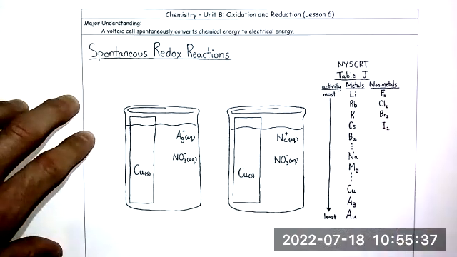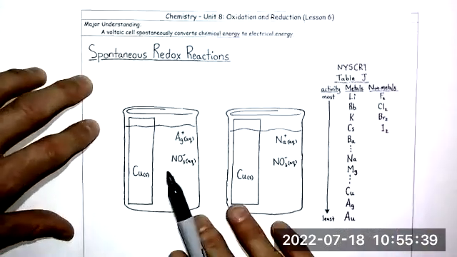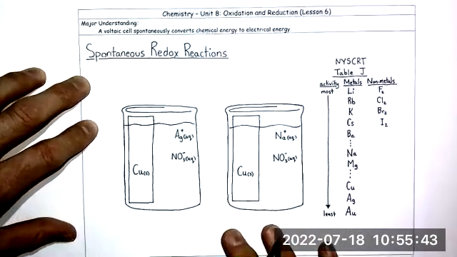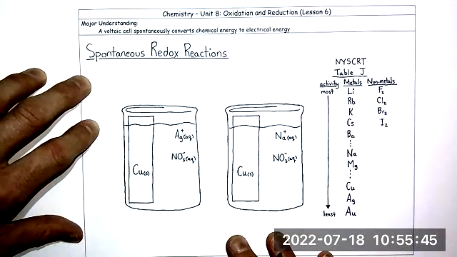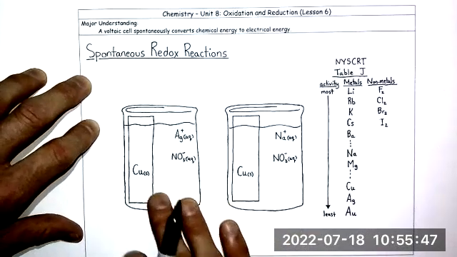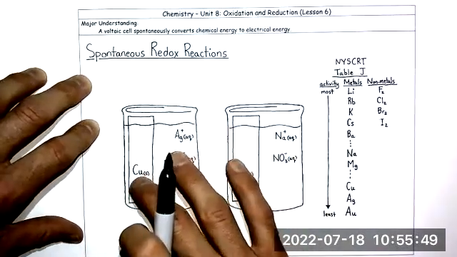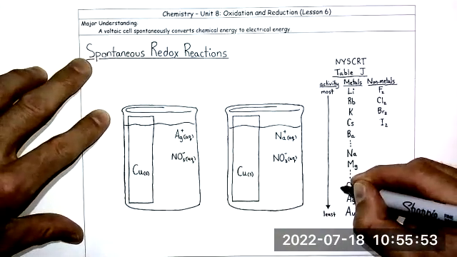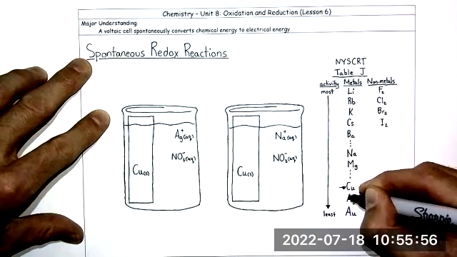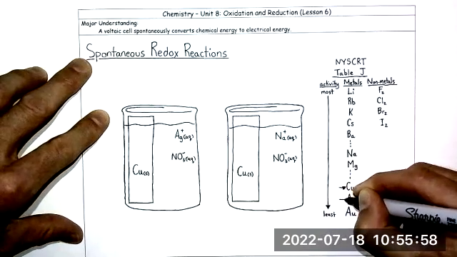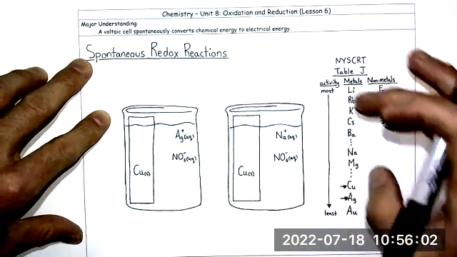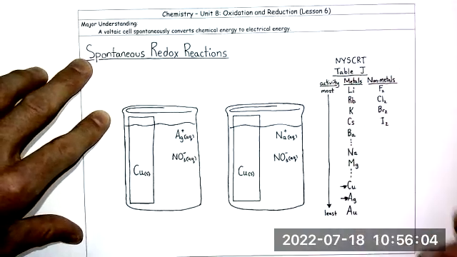Okay, and so let's first look at this beaker here with silver nitrate. And so we want to determine if a spontaneous chemical reaction will occur in this beaker when we submerge solid copper. Okay, so it's important to note here that copper is actually more active than silver. It's above silver on table J. Okay, and the way table J works is electrons will flow from most to least active metals.